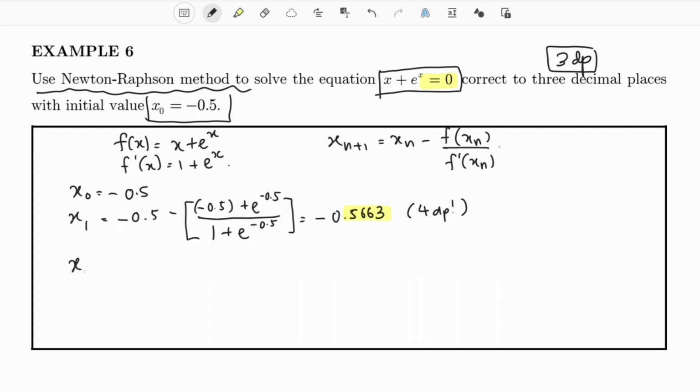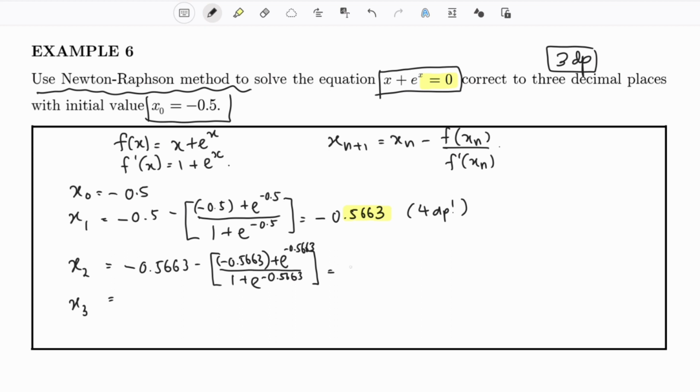Continue the iteration for x2, x3. So negative 0.5663 minus, whenever you minus something with 2 terms, make sure you use bracket, negative 0.5663 plus e^(negative 0.5663).